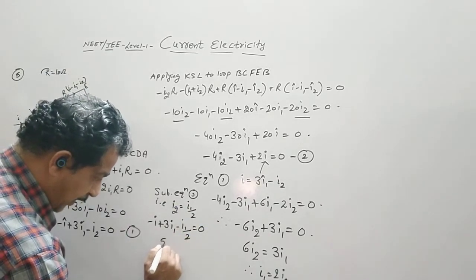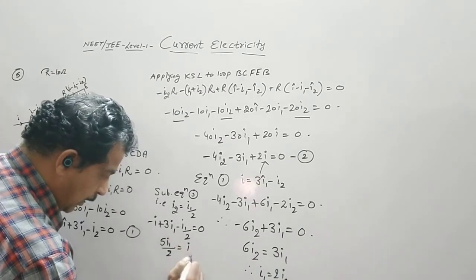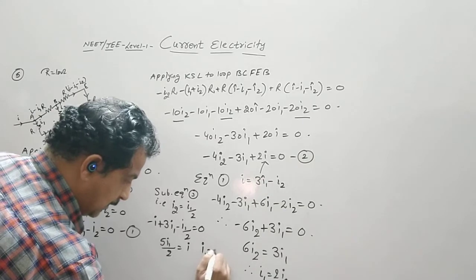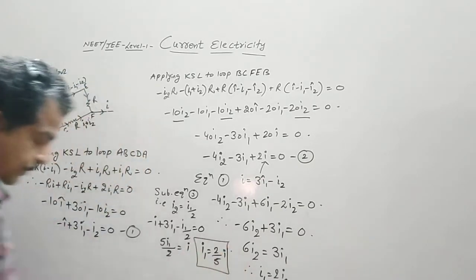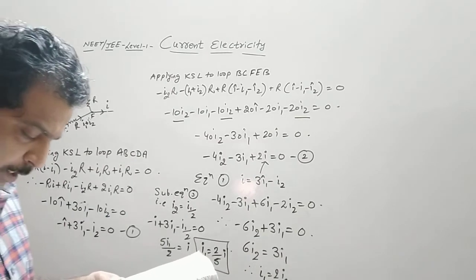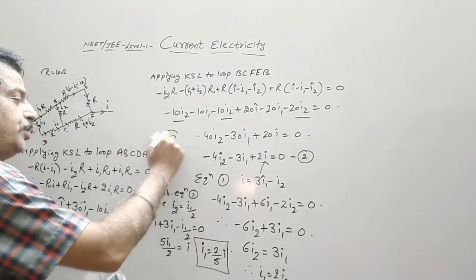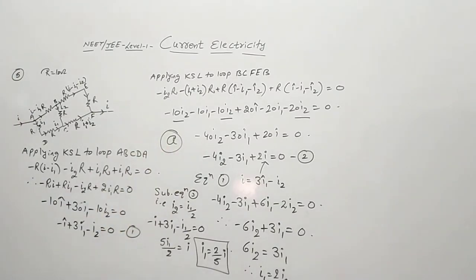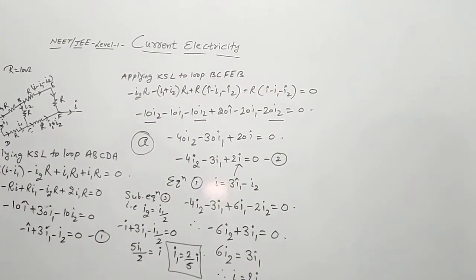So it becomes 5I1 by 2 is equal to I. So I1 is equal to 2 by 5 I. So the option is 2 by 5 I, that is option number A. So this is how we apply the Kirchhoff second law.